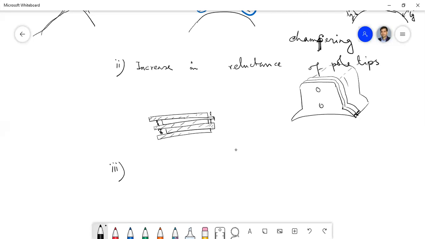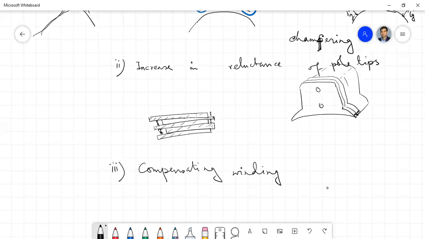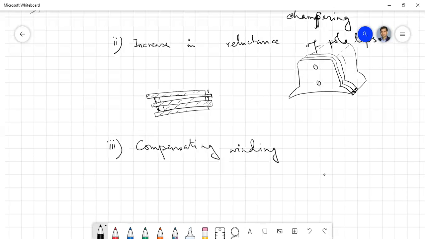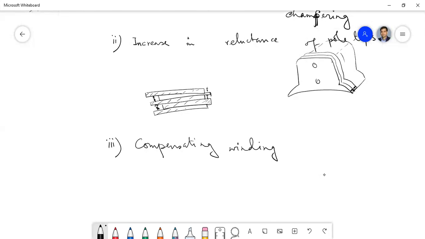Okay, now the next point is the compensating winding. What is the compensating winding? Compensating winding is placed on the pole shoe.